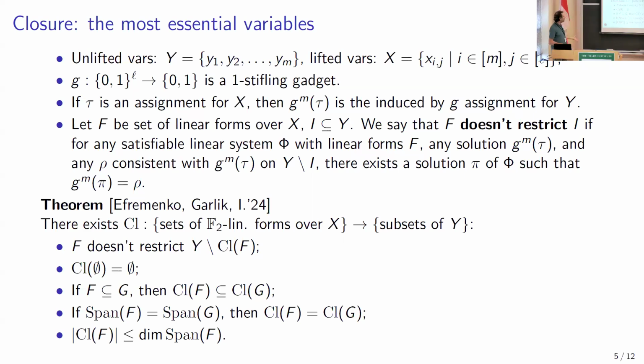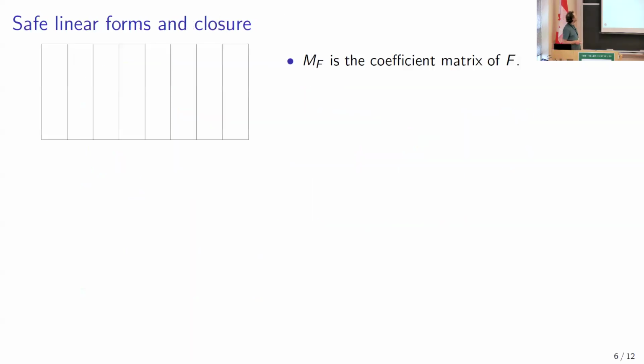Okay, this is just the theorem of existence, but actually there is an explicit construction. The construction of the closure is the following. Consider a set F and let M_F be the coefficient matrix. The blocks here correspond to unlifted variables.